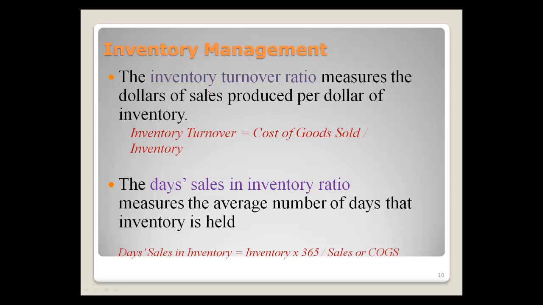ratios. The first one we look at is the inventory turnover ratio, which measures the dollars of sales produced per dollar of inventory. You can think of this as how many times your inventory turns over in a year to make your products, or to be turned over to account for the cost of goods sold.